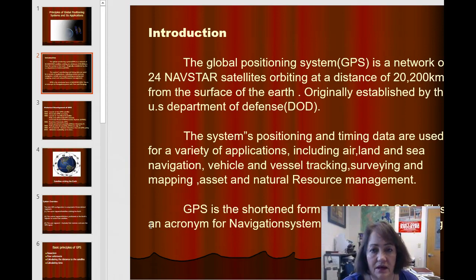This was done primarily as a defense mechanism, to make sure people were not triangulating the position of the satellites and then sending missiles to take them down. But during Clinton's administration, selective availability was turned off, and so now they're all available all the time.